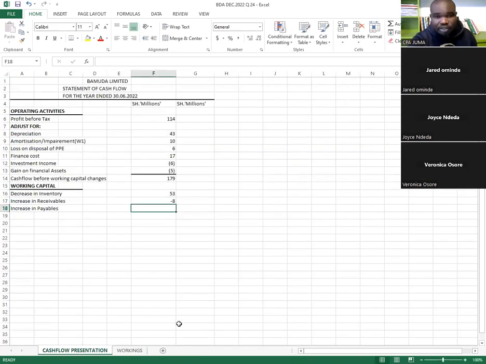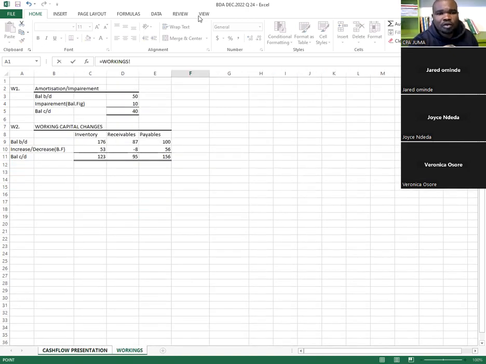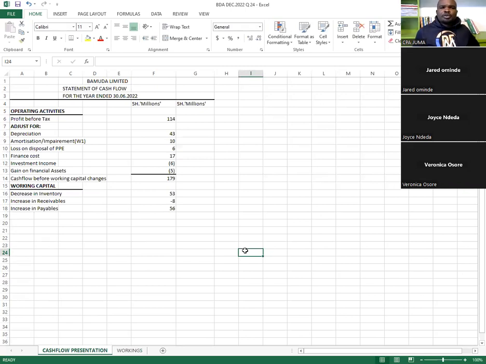Then payables is equals to, payables also is equals to the 56. I press enter. So I don't even have to put the equal sign. You can just say is equals to, you select the other side, then you enter.